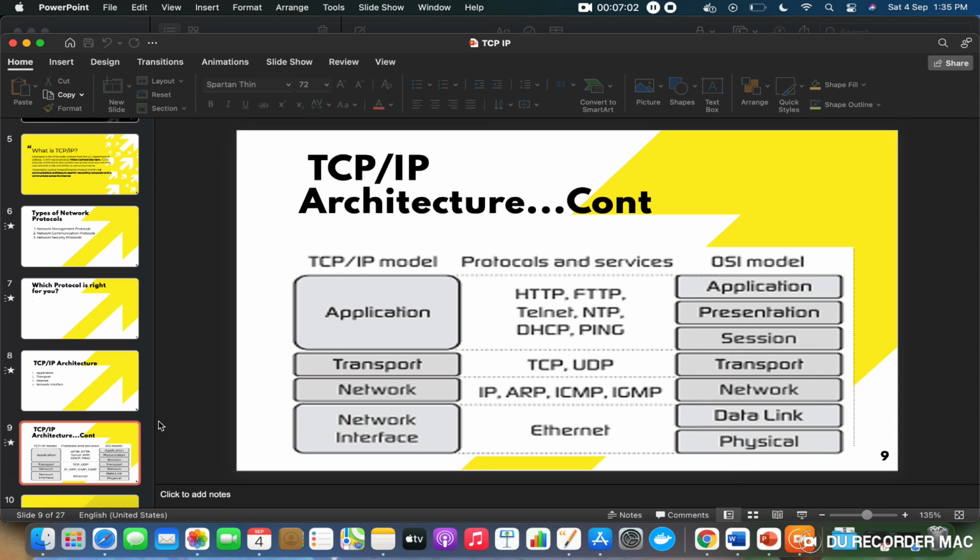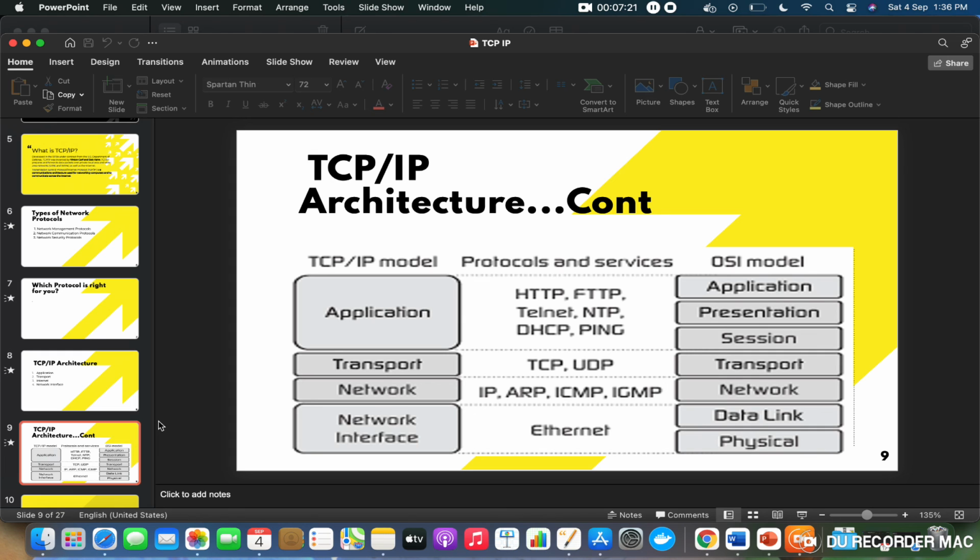The second-last layer is the data link layer, where the packets are framed and transmission errors are detected and corrected. The last one is the physical layer, which is the interface between the network medium and the devices, where it defines optical, electrical, and mechanical characteristics.